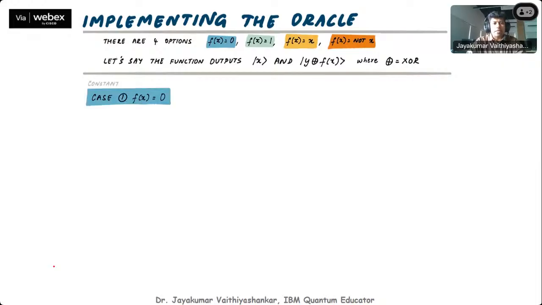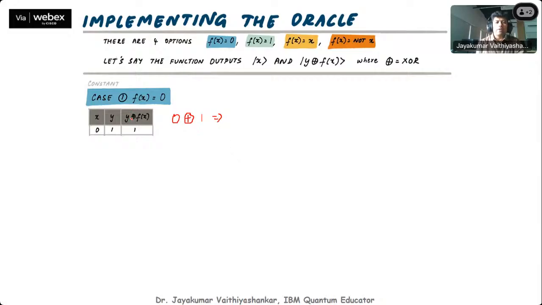Take an example of case 1, f of x equal to 0. Make a truth table: x, y, y XOR with f of x. 0, 1, what will happen? 0 XOR with 1, what will you get? 1.